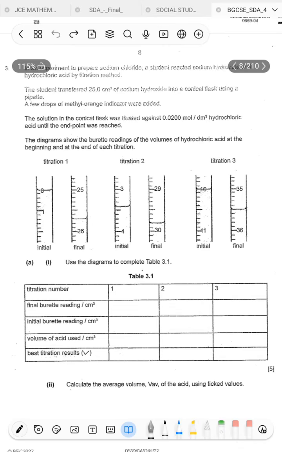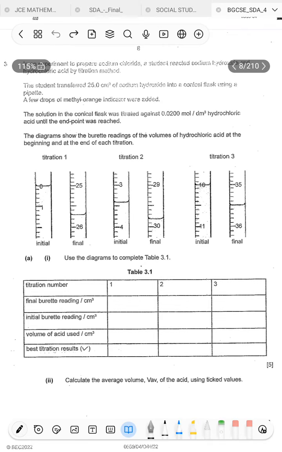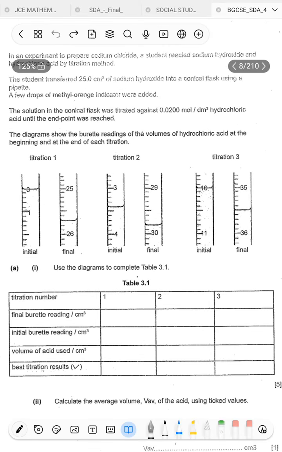Question 3 says, in an experiment to prepare sodium chloride, a student reacted sodium hydroxide and hydrochloric acid by titration method. The student transferred 25.0 cubic centimeter of sodium hydroxide into a conical flask using a pipette. A few drops of methyl orange indicator were added.